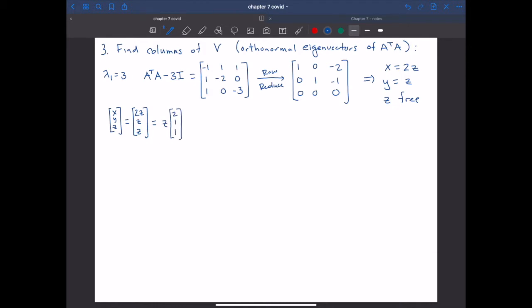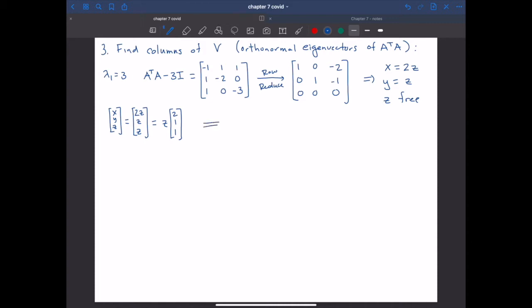Now, I can pick z to be anything I want, but ultimately I'm going to have to normalize this vector anyway. So I might as well pick z to be 1 over the length of that vector. Like I can pick z to be 1, and that's fine, but ultimately I'm going to have to normalize. So I think I'm going to pick z to be 1 over rad 6.